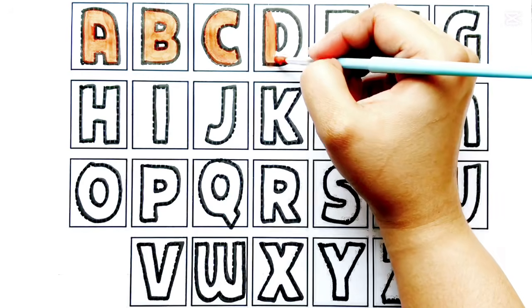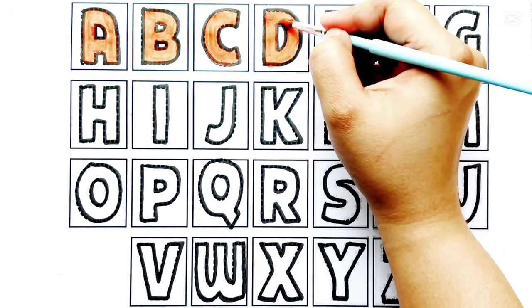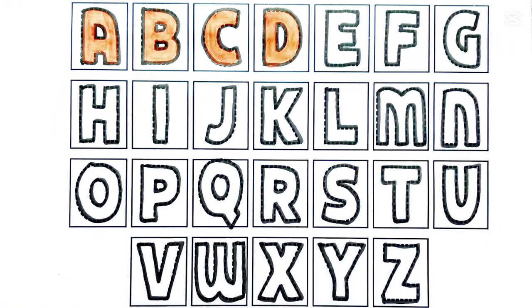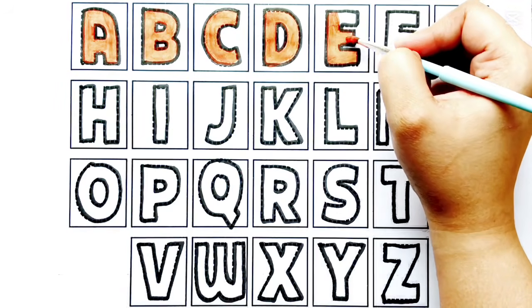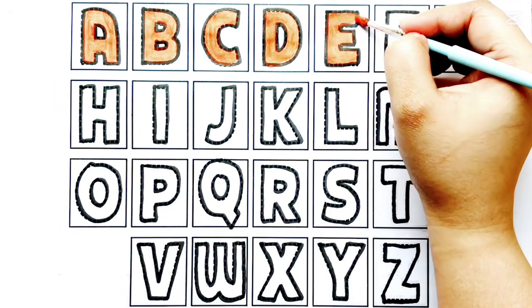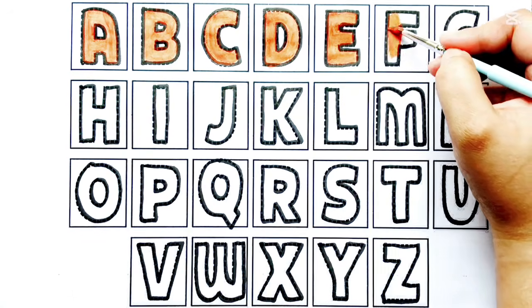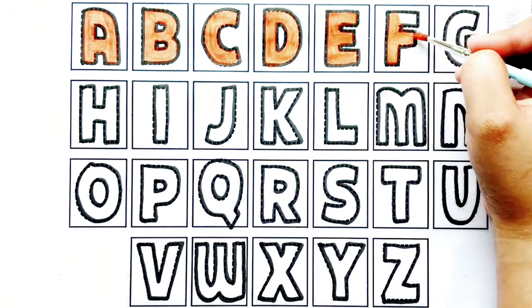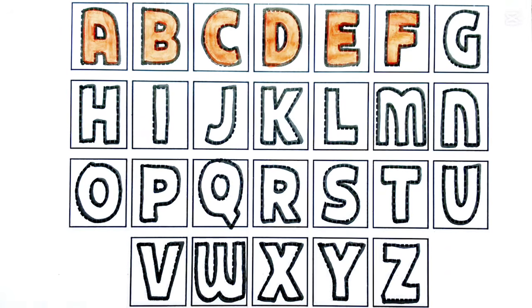D for dog. E for elbow. F for fish. G for grapes.